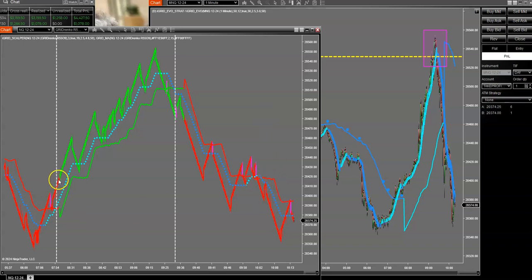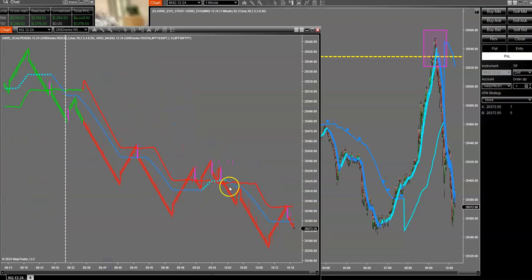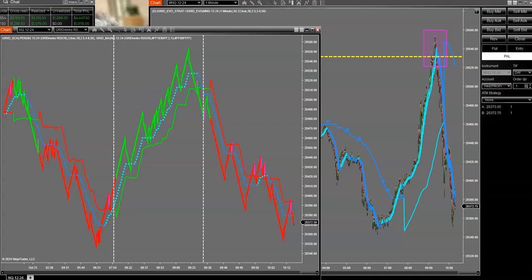Here, I had upward candles above the iGRID indicator, so I can take a long. Here, I had downward candles below the indicator to take a short. Here, when we crossed over, as you can see, on that dot above the indicator, I have downward candles going down at the indicator, not above it. So that's a sit on your hands.